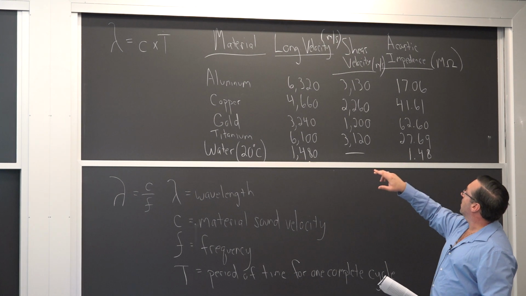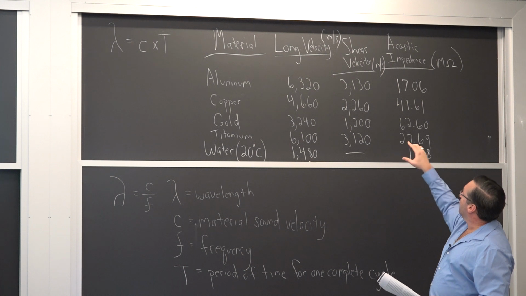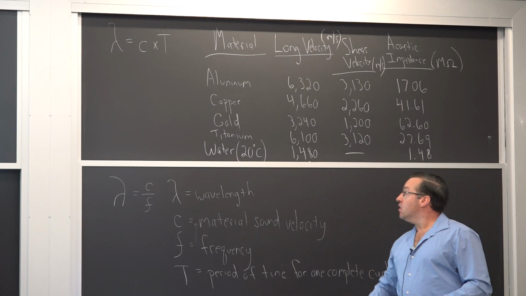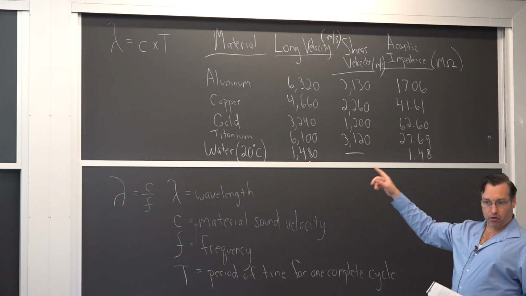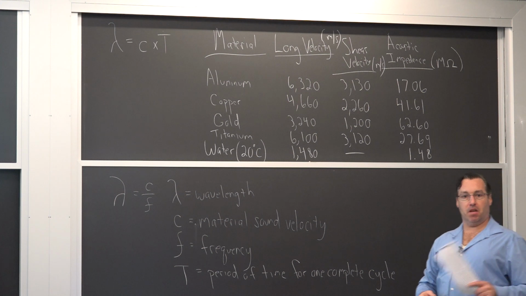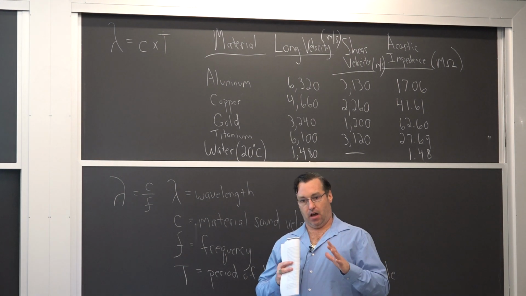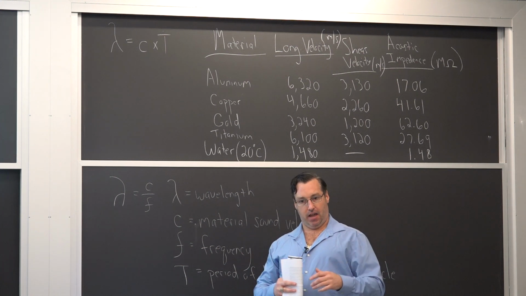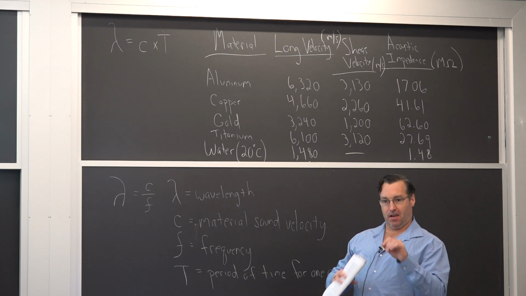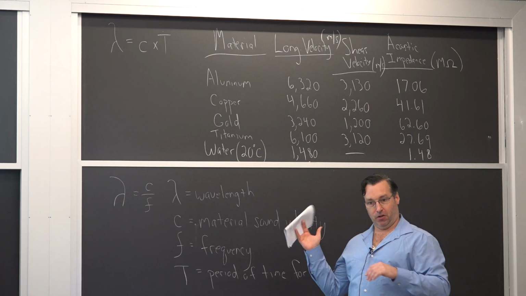So for aluminum, you have a longitudinal velocity and you have shear velocities, and it ties in with your acoustic impedance. So depending on the material you're trying to test, the values change, and these become inputs now that certain types of ultrasonic equipment are being automated, and all you have to do is input into the equipment what material you're testing.